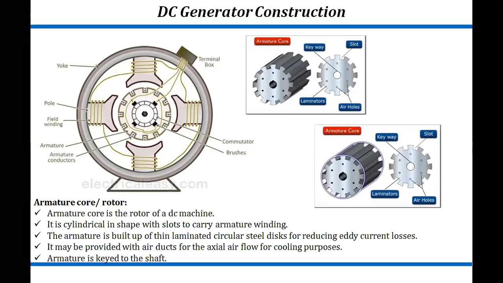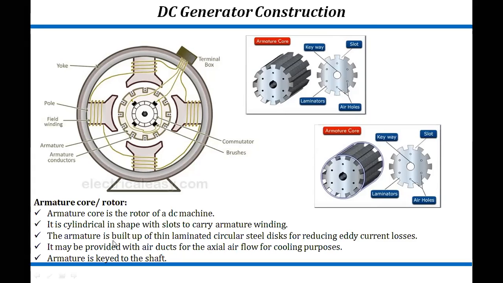The rotor will rotate continuously. What does that mean? It will require a large amount of power, and it will be dissipated in the form of heat. So heat will be generated. The power dissipation will be in the form of heat. So for cooling purposes, we will require air. That's why we are putting these air holes there.